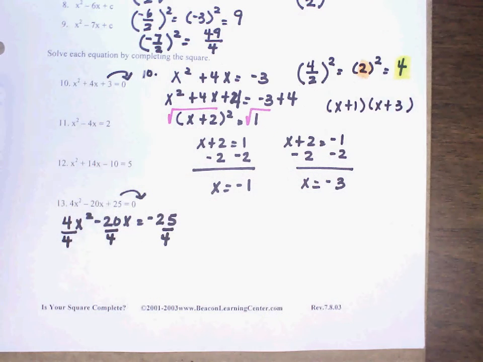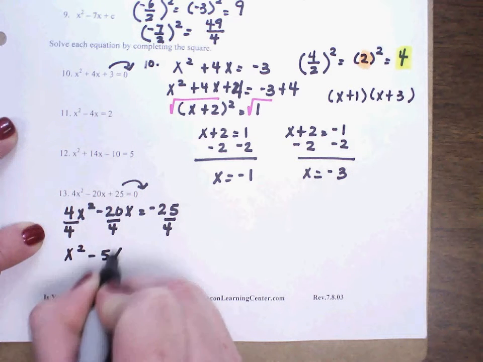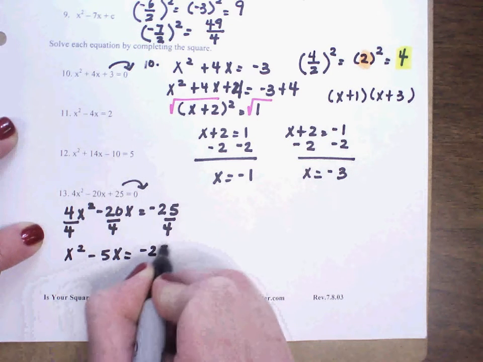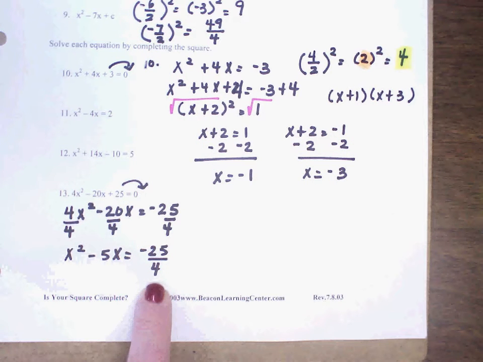So that becomes x squared minus 5x. And then I'm not even going to mess with that, because this is a decimal. And then I notice that 25 is a perfect square root and 4 is also a perfect square root. So I'm thinking I'm on the right track because I got perfect squares, you know? That's how you know that you're going on the right track, as long as you keep getting perfect squares.